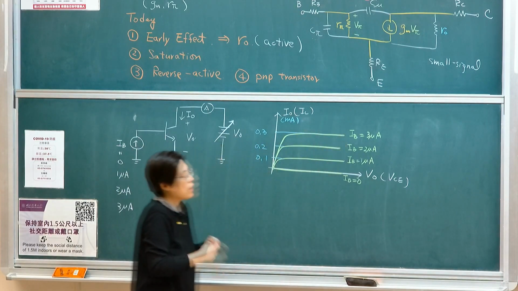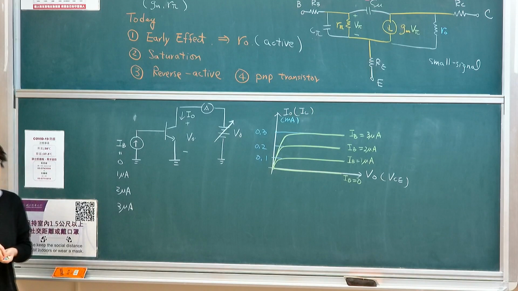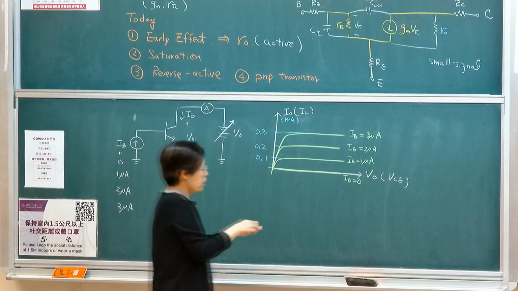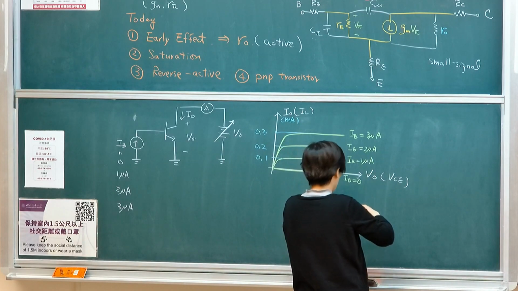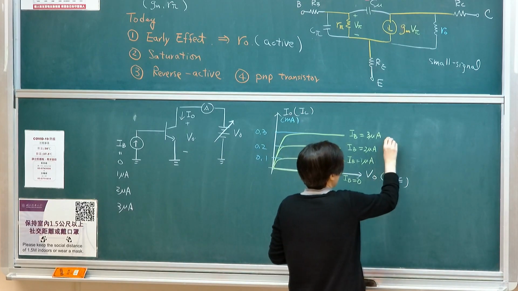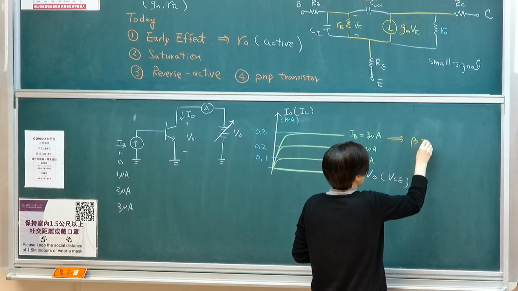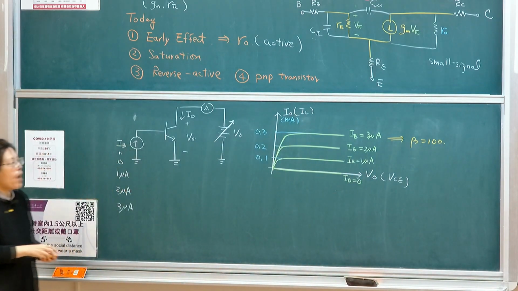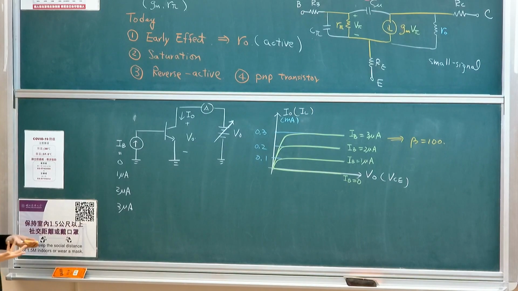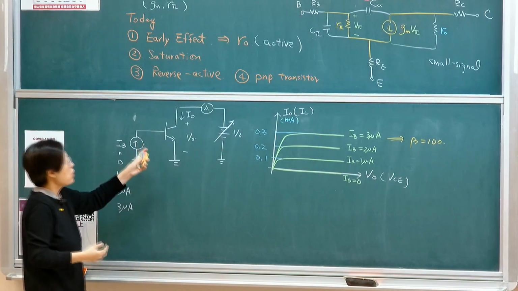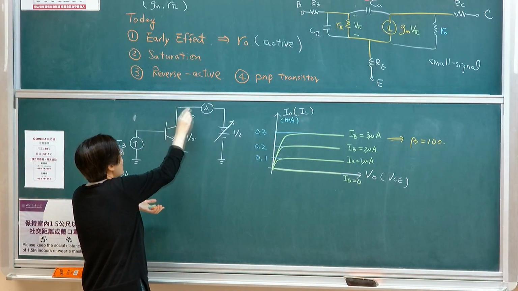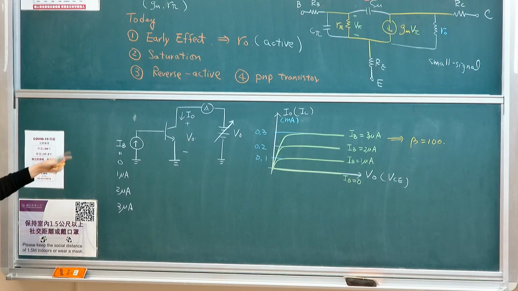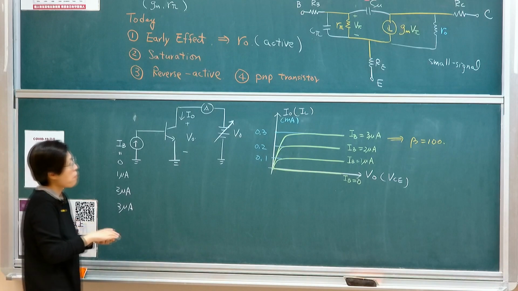So just by measuring this, if you have a transistor and you want to know its beta, this is the setting you want to use. This gives us a beta of 100. This is what you would expect if you have a device with a beta of 100. For example, if you bought a device with a spec saying a current gain of 100, you should test it under this setting.